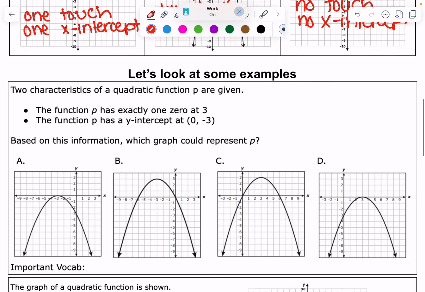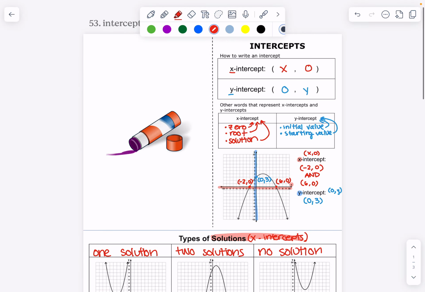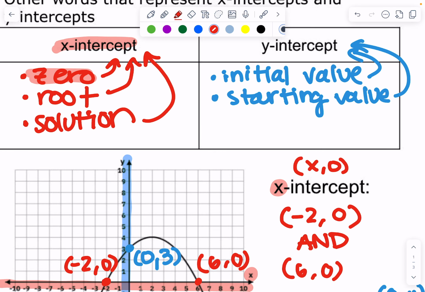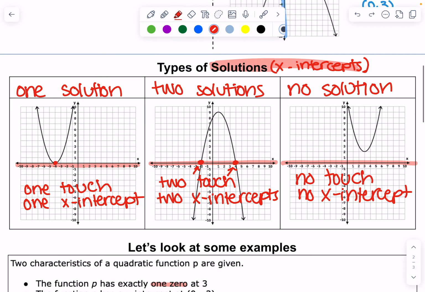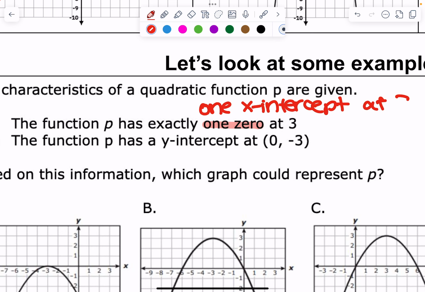Okay, so now let's look at our first question. It says, two characteristics of a quadratic function p are given. The function p has exactly 1, 0. So let's look at this real quick. If I look at the front of my notes, it says 0 is x-intercept. So I know that 1, 0 is 1 x-intercept at 3.